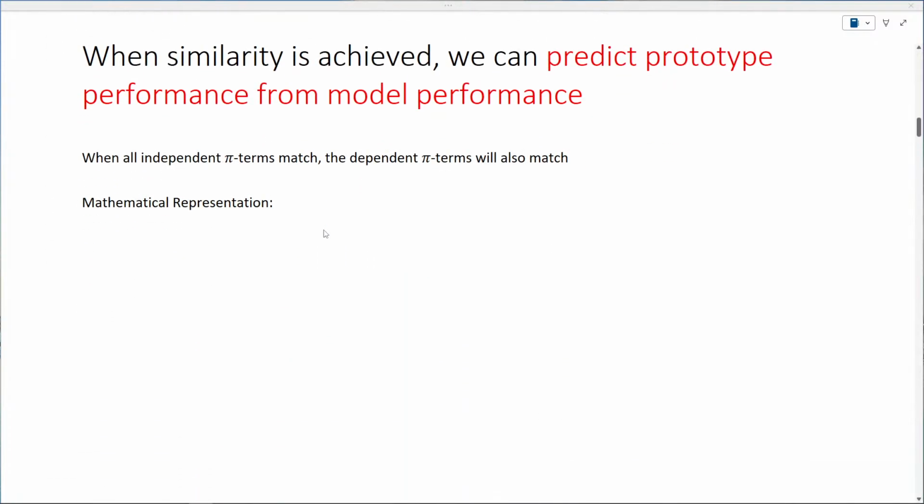Okay. So when similarity is achieved, again, geometric similarity, kinematic similarity that has to do with velocity and time, and dynamic similarity that has to do with forces, we can predict the prototype performance from the model performance. So that's the whole idea.